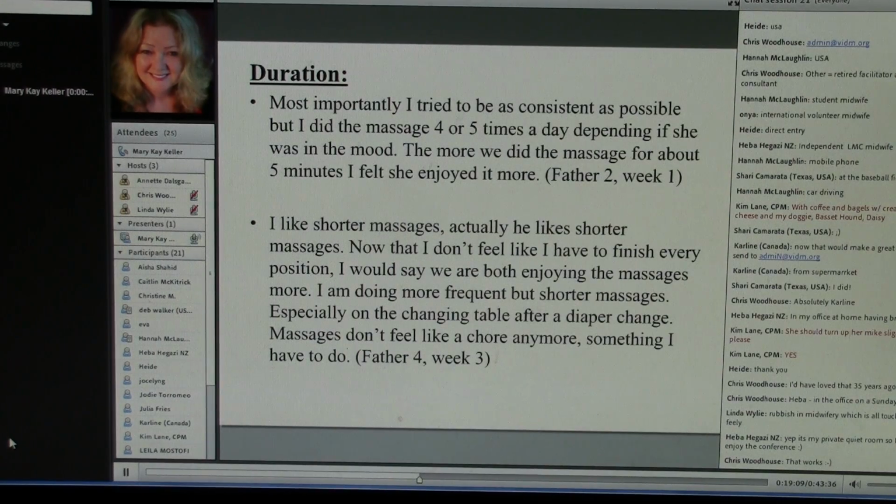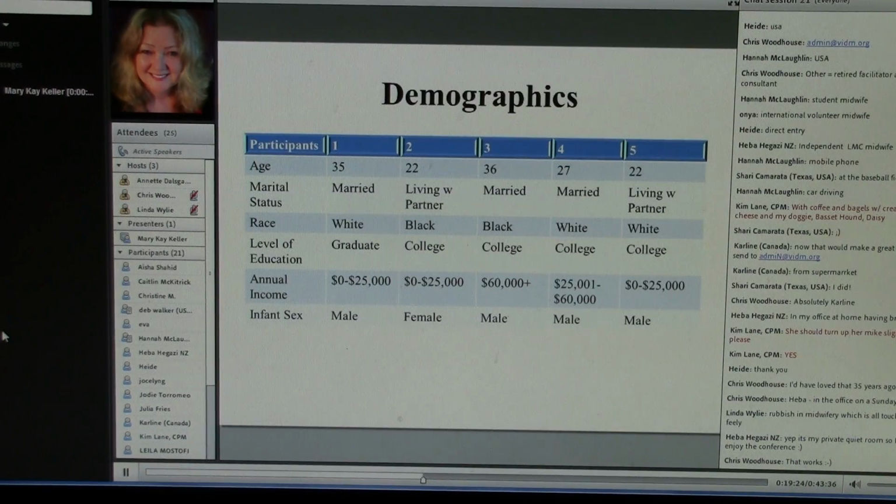And so as that 3 weeks went on, as you can see from this quote, the father had begun to feel more comfortable with it because he had shortened the massages, and evidently the stimulation for this baby needed to be shorter rather than longer.